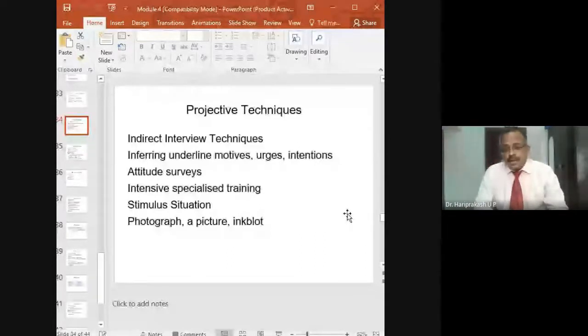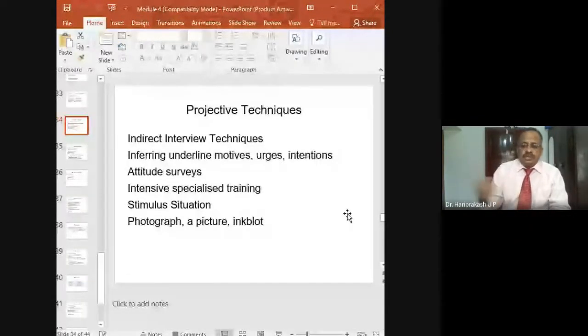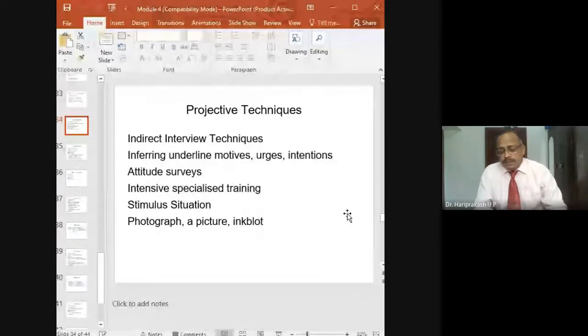If you are collecting data through a survey, through a questionnaire, you can do it, but they may not be able to answer it. Even if they are able to answer it, you will not get the real picture. Personality, for example: I want to measure the individual's personality. Yes, I can put some questions and ask how he responds, but will he give the truth?